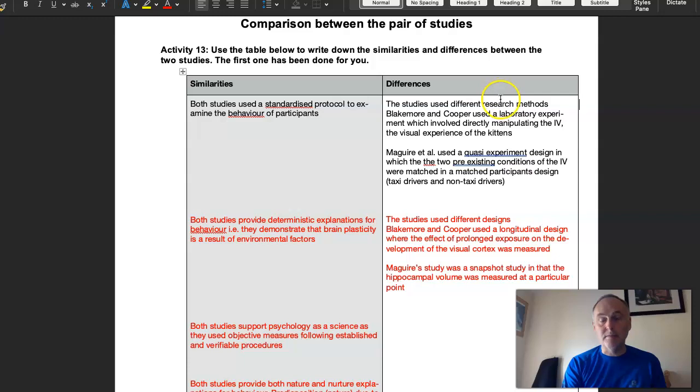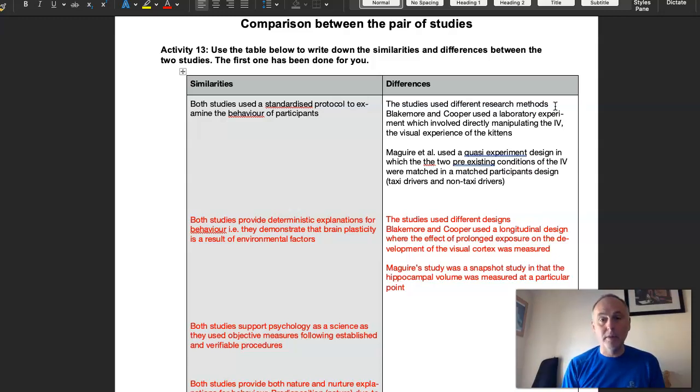With the differences, all you need to do is to throw in another E there. Okay, so you make your points. The studies use different research methods. There's your point. Okay, you need to say first of all that one of the studies used a laboratory experiment, Blakemore and Cooper. Explain what you mean by a laboratory experiment in its generic form, manipulation of the IV by the investigator. Then give your example of Blakemore and Cooper.